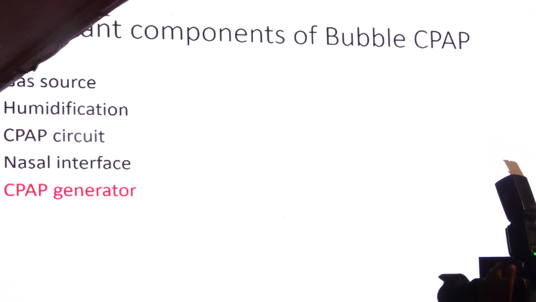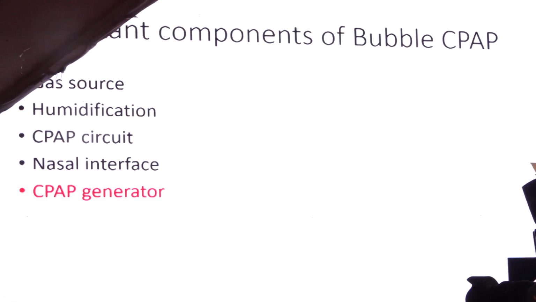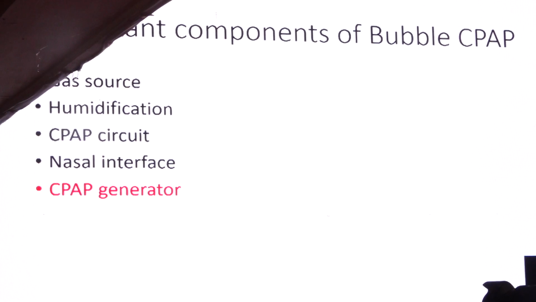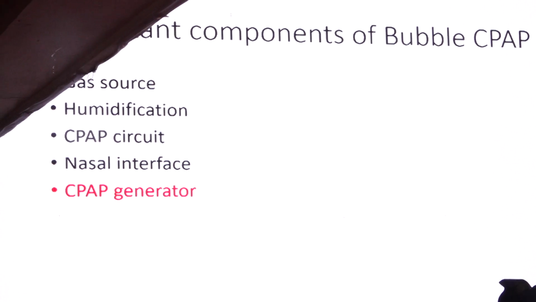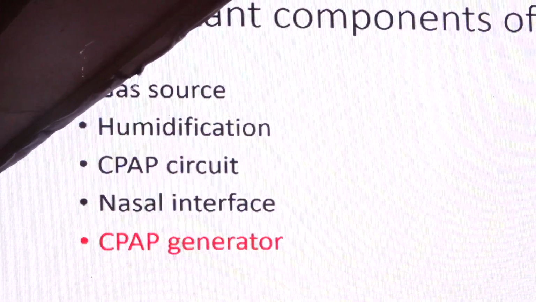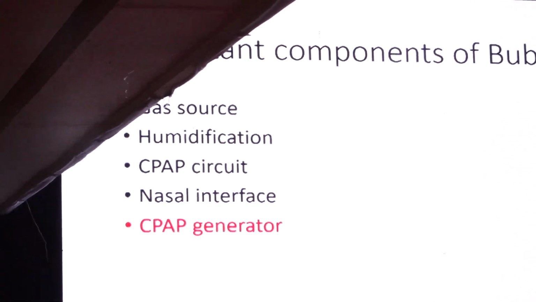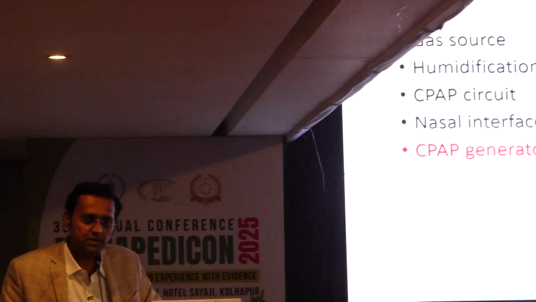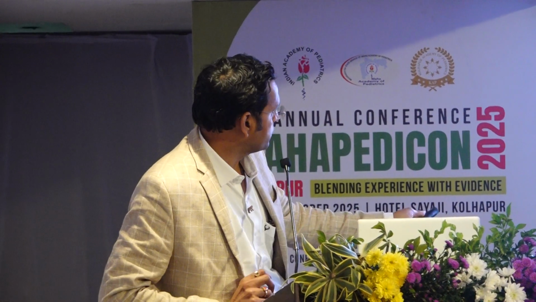The components are gas source, we need a compressed air and central oxygen. Humidification is a necessary part of any type of ventilation. CPAP circuit, nasal interface, and CPAP generator. Now there are lots of studies and comparisons about the CPAP interfaces. Today we will be talking about the core of CPAP, that is CPAP generator.